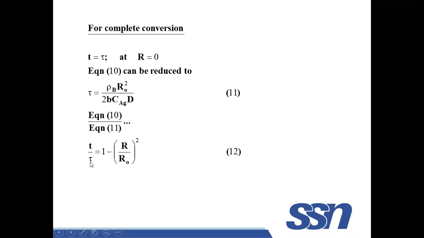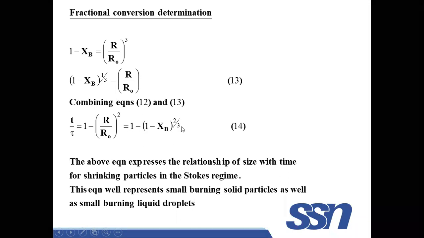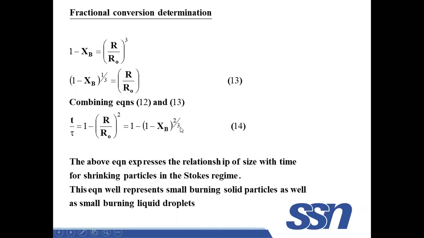You can write t by tau. Like that, you can do the fractional conversion. 1 minus XB is r by r naught whole cube. So this will be the expression for the gas film resistance. 1 minus XB whole power 2 by 3, right? This is the expression which you got for the reaction, am I right?